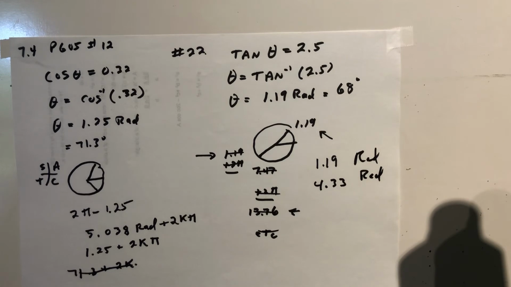And this problem was sort of unusual. It said either give 6 or give 8 possible answers. We'll just keep adding pi to either one of these.